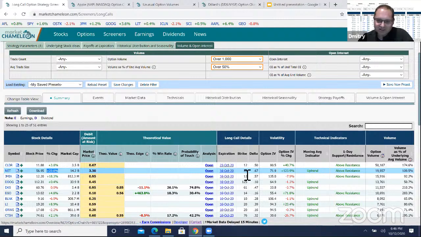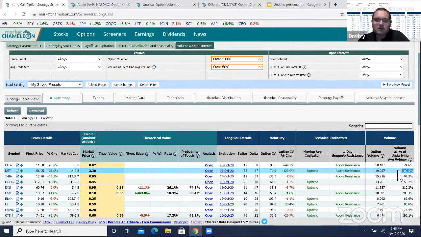Looking at the October 16th 55 call, implied volatility up 123%, traded 19,957 contracts. That represents 109% of the average daily option volume. So you could see here really quickly, you could home in on the unusual option volume specific to the strike, specific to that call option.